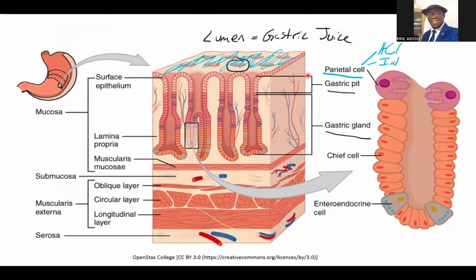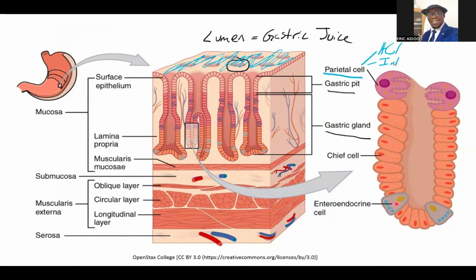So at this point, you have the gastric pit, as we said earlier on, covered by surface mucous cells. Then you also have the neck and then the gland. The neck region also has some parietal cells, and the glandular region also has some parietal cells and then chief cells, and then the enteroendocrine cells.